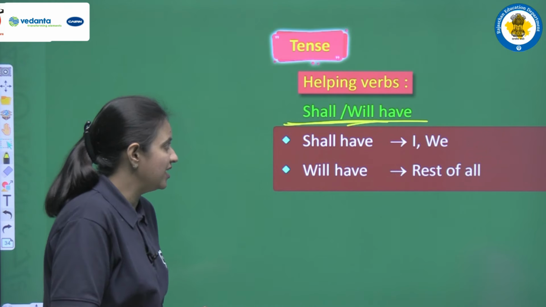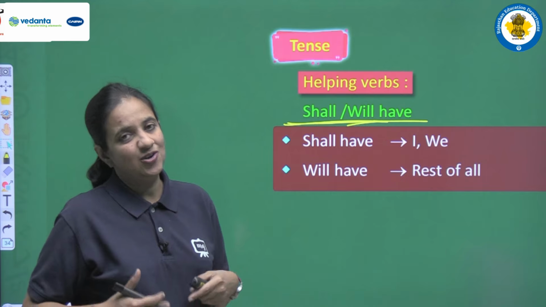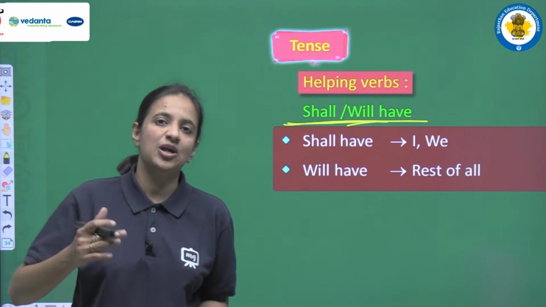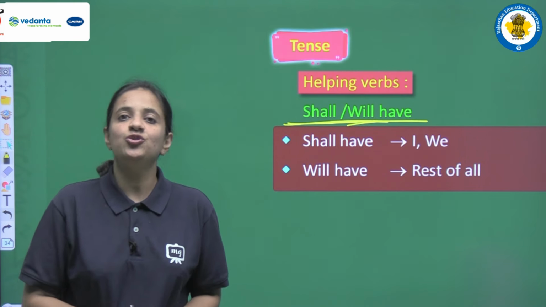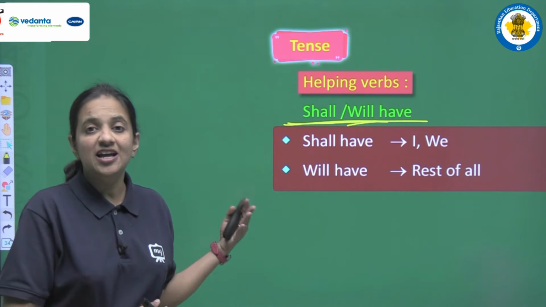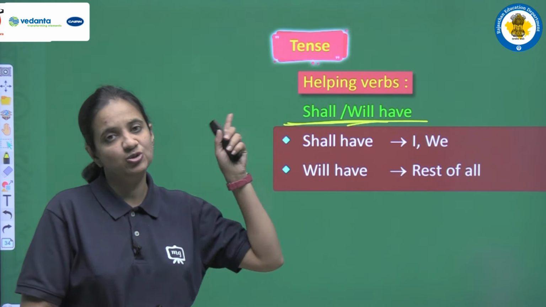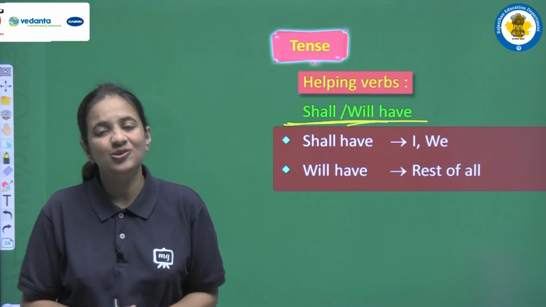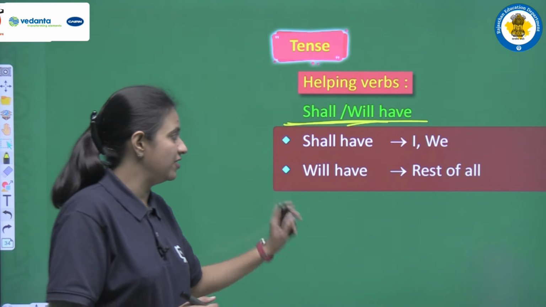We have two helping verbs, and it's obvious that when we have more than one helping verb, we have to use them according to the subjects. We have already read the use of will and shall in two tenses, so the same use applies now. Let's see one more time.